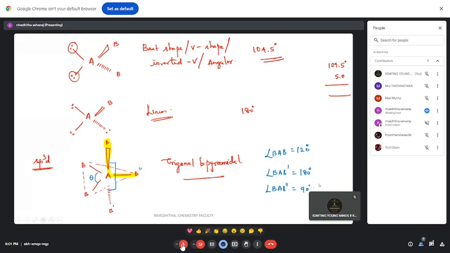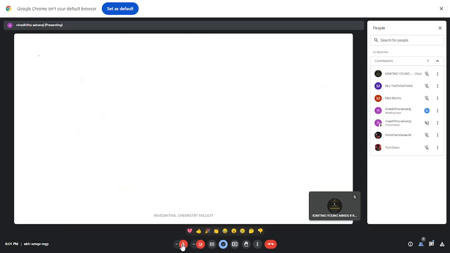Okay. So another structure. If the hybridization is sp3d, the central atom can form 5 chemical bonds. Among the 5 chemical bonds, we have one lone pair and the rest of the bonds are filled with terminal atoms. Then what would be the shape? Originally it was trigonal bipyramidal, but here we have one lone pair of electrons.